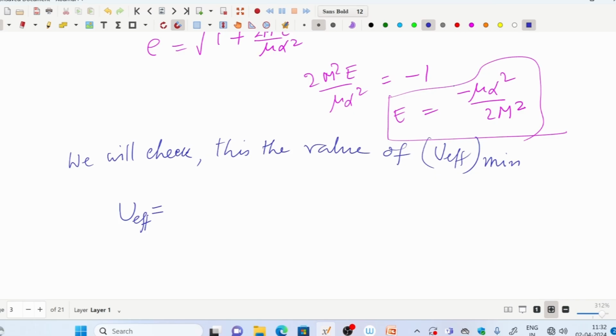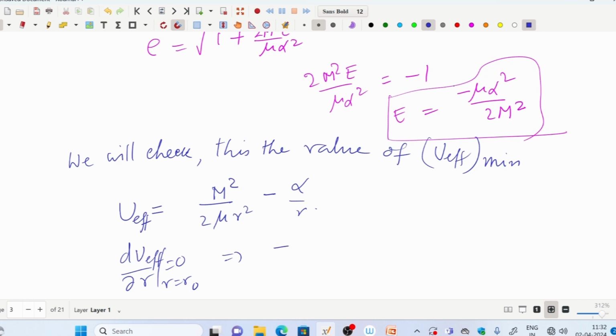So, the U effective expression, let me write it again: m square by 2 mu r square minus alpha by r. To find the minima we have to set its derivative equal to 0 at say r equal to r 0.